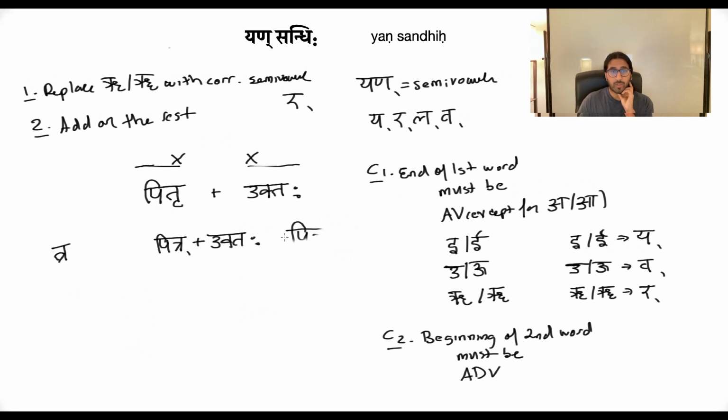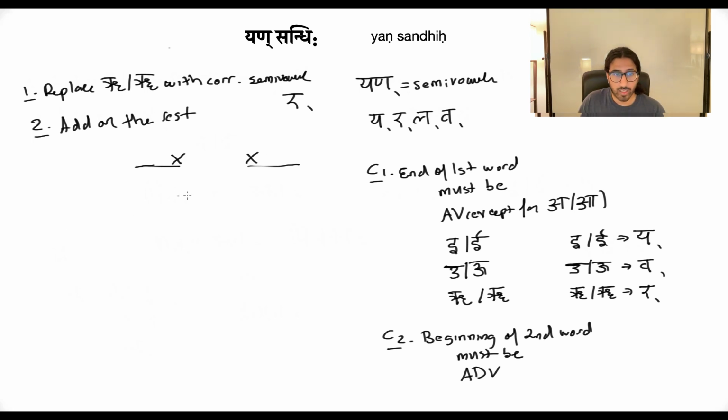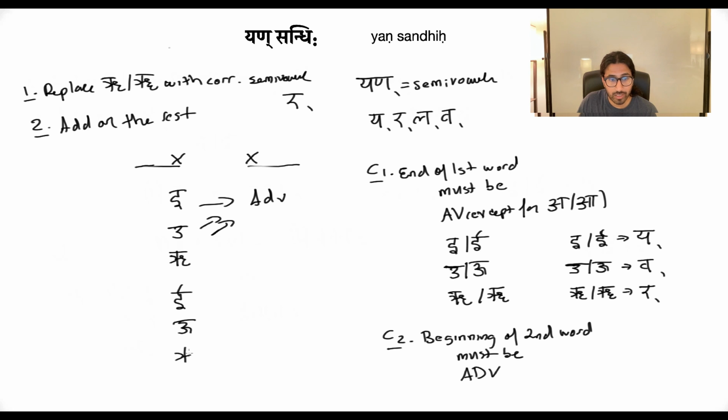And I want to make this point very clear: I gave you examples of the end of the first word being I, being U, and being Ri, followed by any dissimilar vowel. It's not only these short vowels, it can also be long I, long U, and long Ri.